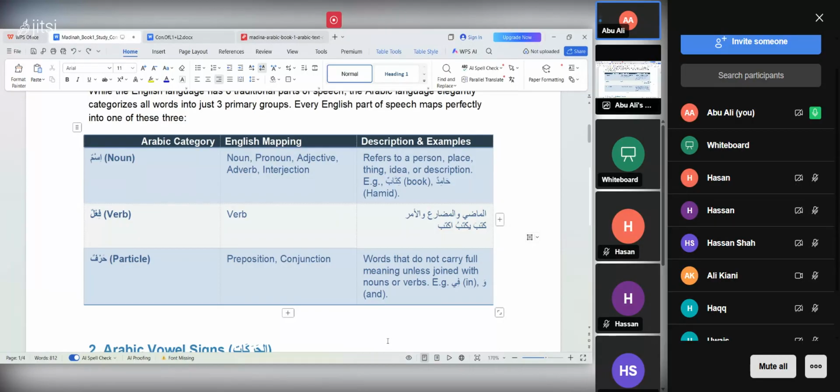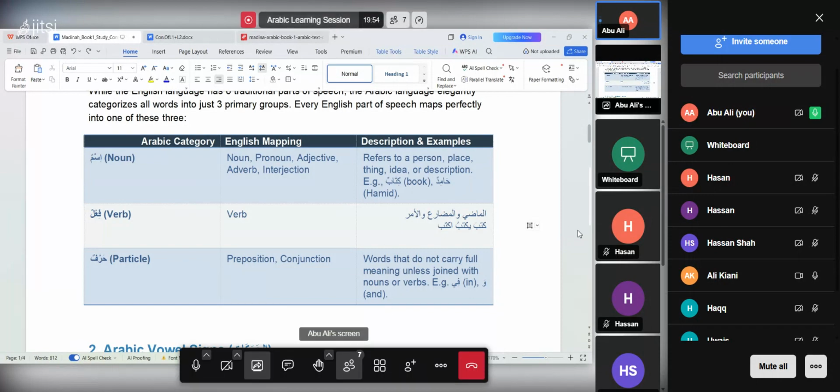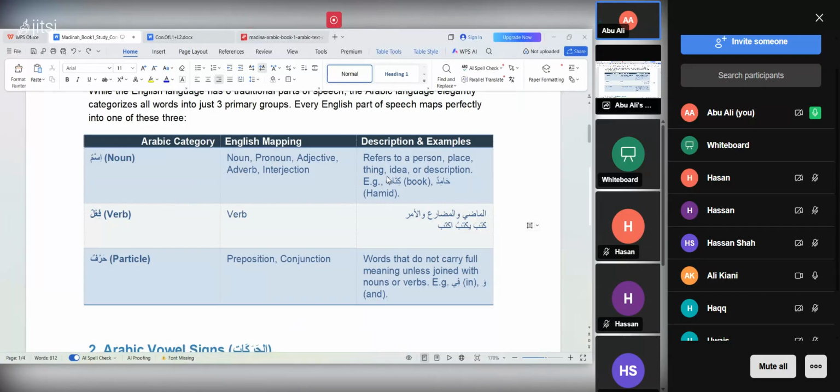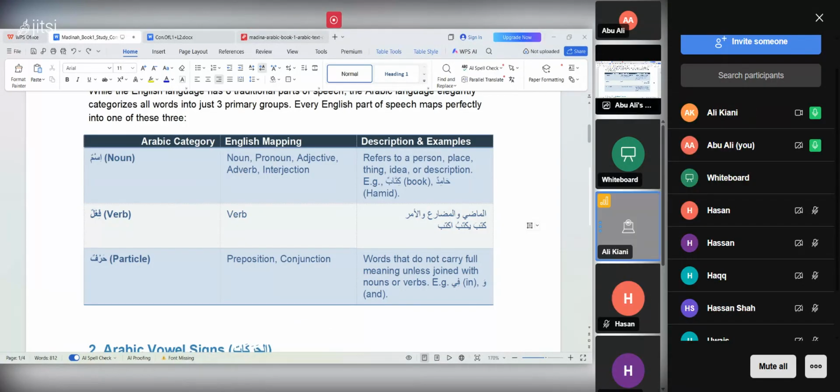Okay, so Mr. Ali Kiani, can you repeat the three types of verbs? Three types of verbs: al-madi, al-mudari', and al-amr. What is the translation of these three types in English?